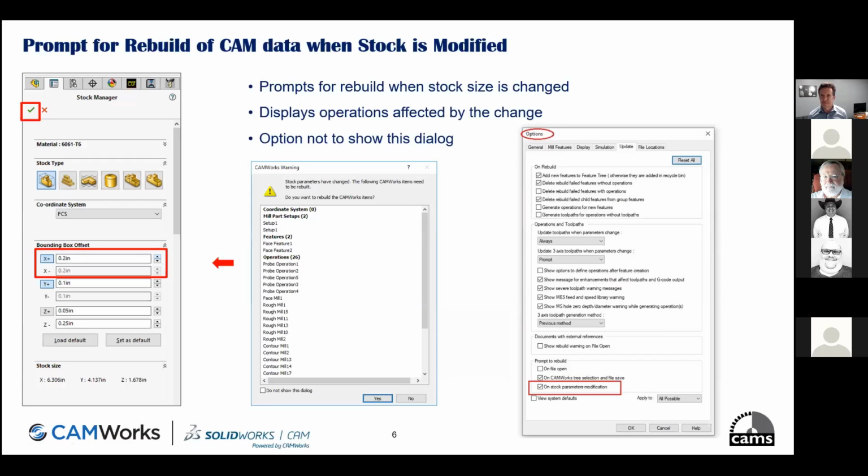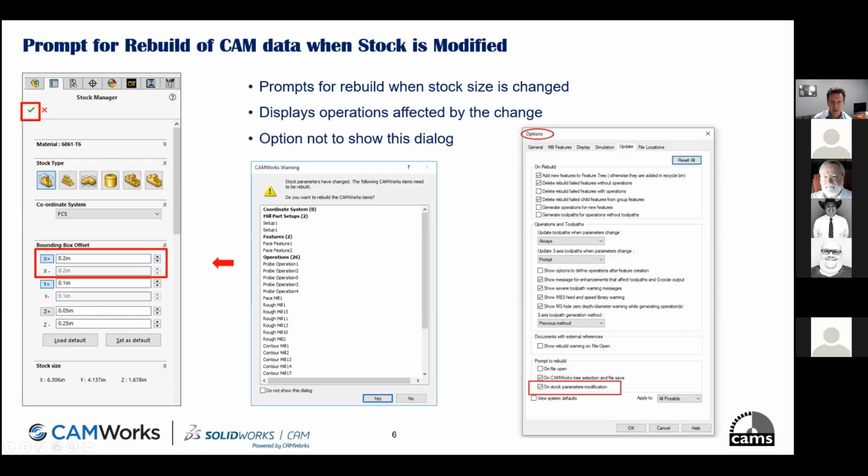So the concept here is it will automatically do a rebuild, so all the CAM features update to that new stock shape. And it's critical when you have your CAM features set to up to stock, or in condition to the bottom of stock, and your part perimeter features and stuff like that that go out to stock shape. So it rebuilds those features and then regenerates the toolpath automatically for you. Great. Thank you, Brian. Yeah.